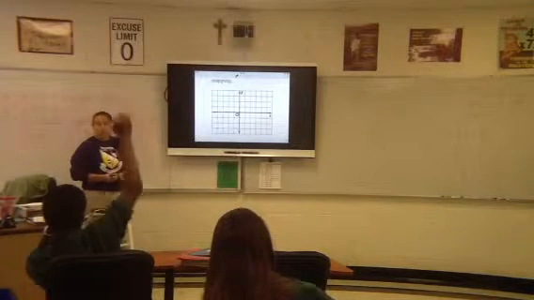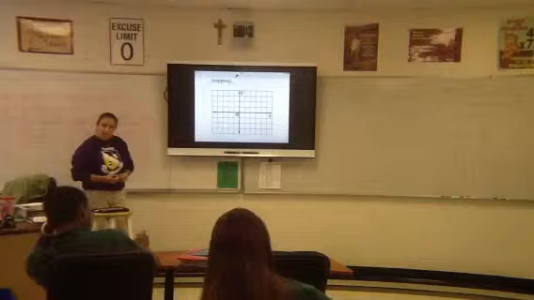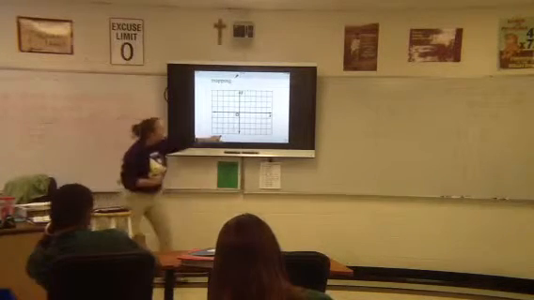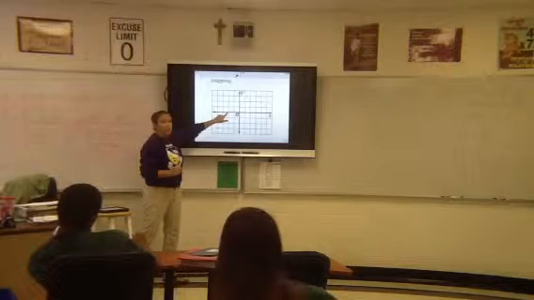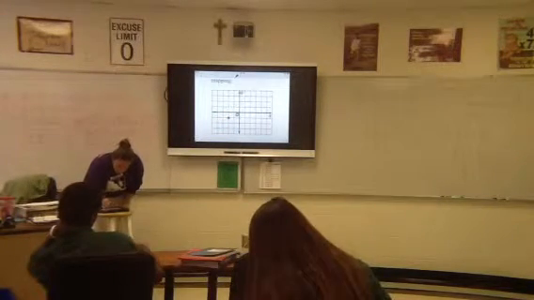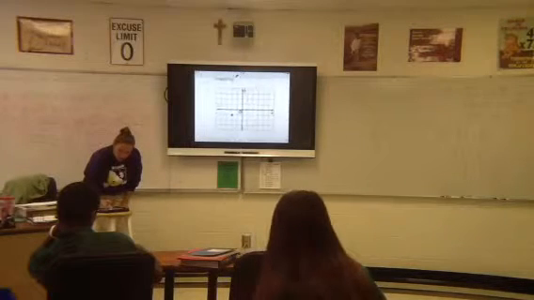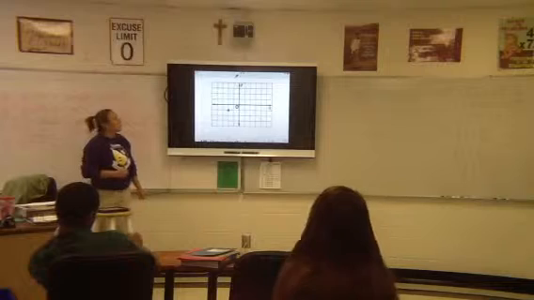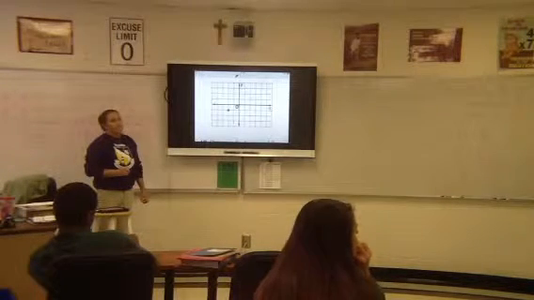-2, -1. Left 2, down 1. Good. You're going to go left 2 on your x-axis and then down 1. And there would be my first point. The next one is 3, 3. How would we graph 3, 3, you think? You go over +3 and up +3.